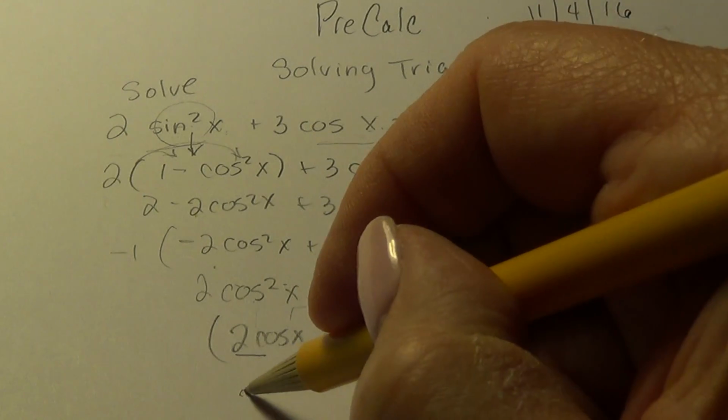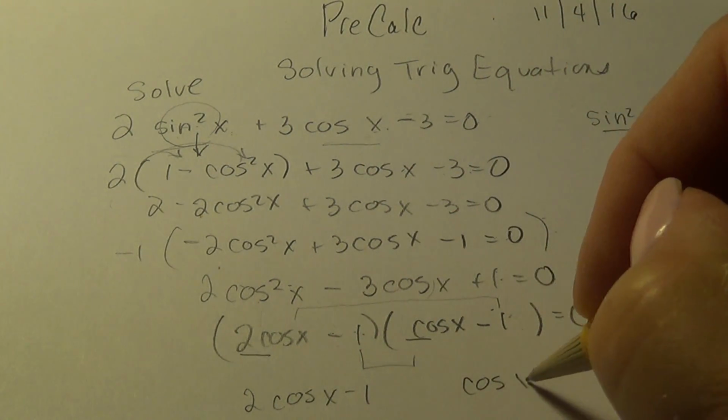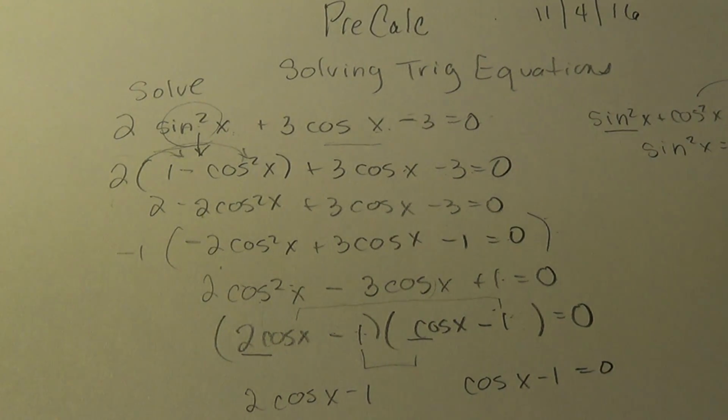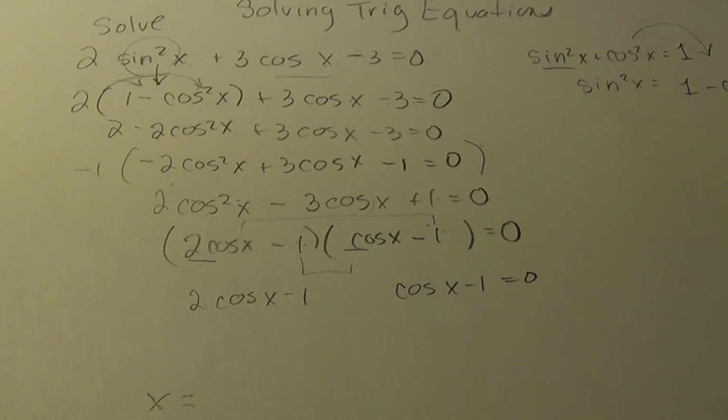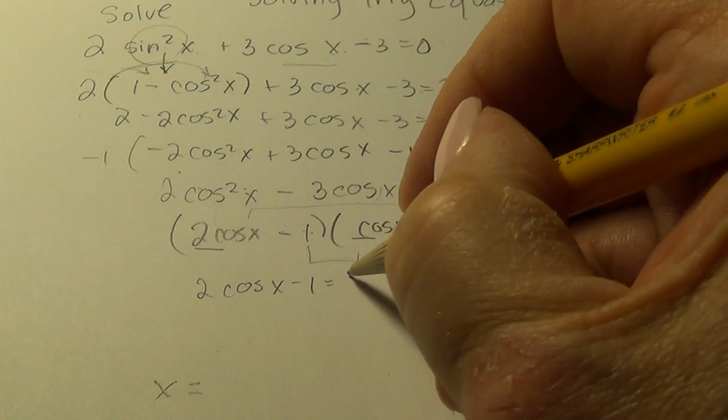So we're just going to take each one and set them equal to 0 and go ahead and solve both branches. So for this one, the 1 comes over.